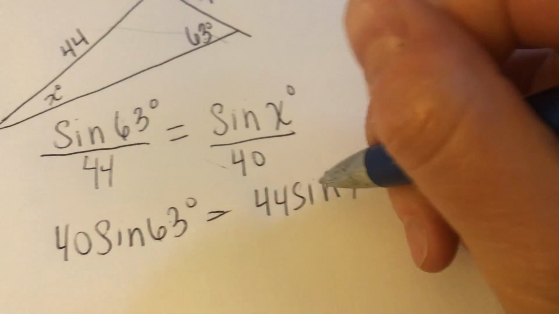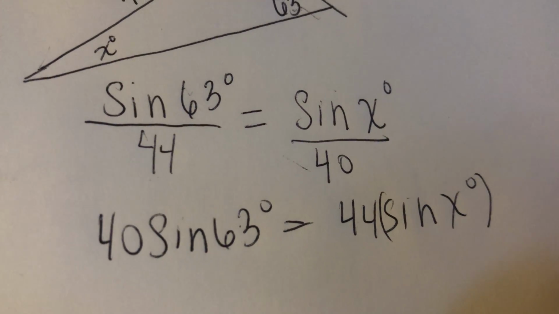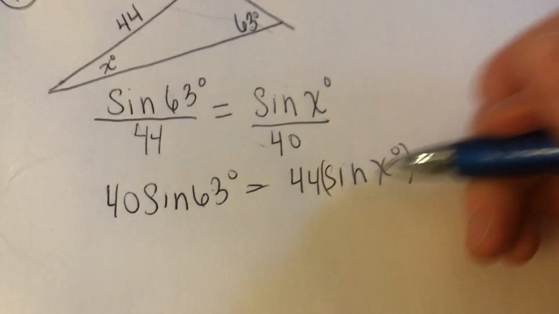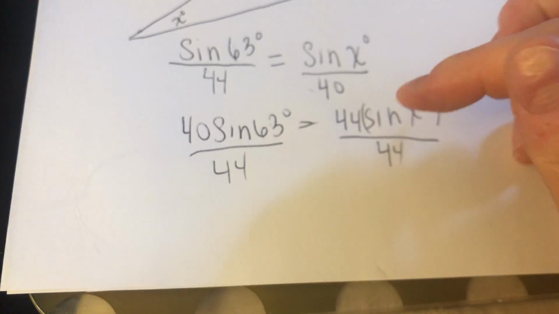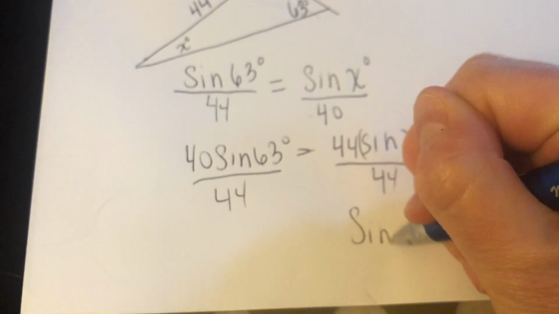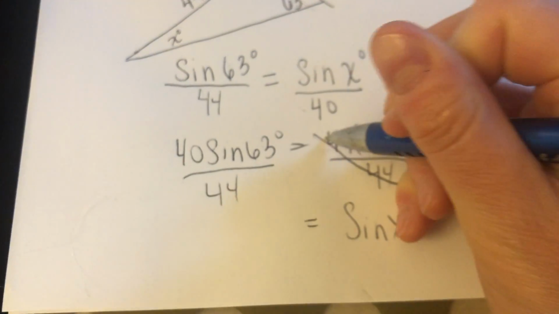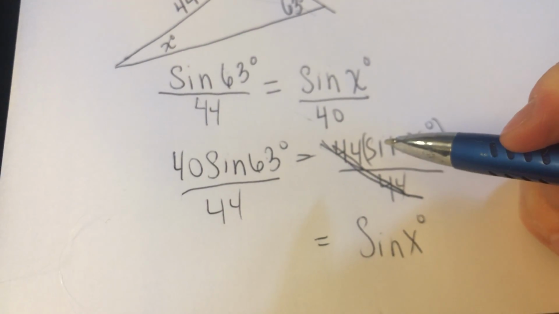If it helps, you could put it in parentheses. And now I need to get this by itself because I need to solve for x. So I'll divide both sides by 44, so I have the sine of x degrees equals, this will cancel. Sorry, it's hard to hold this phone and write at the same time.